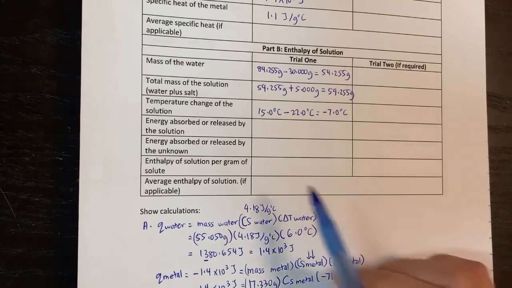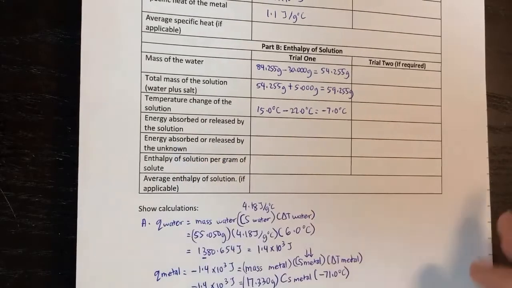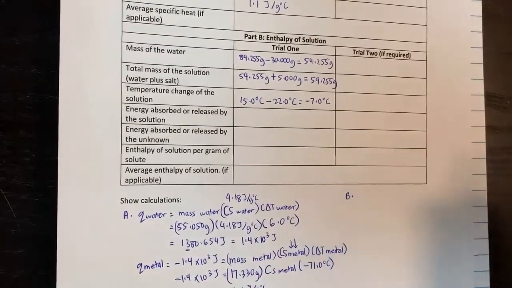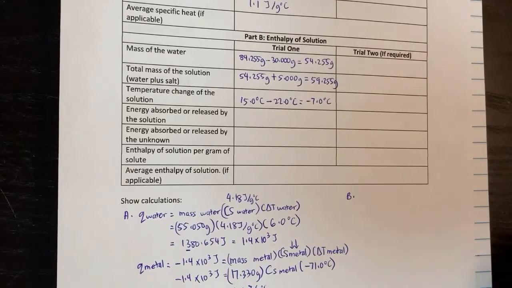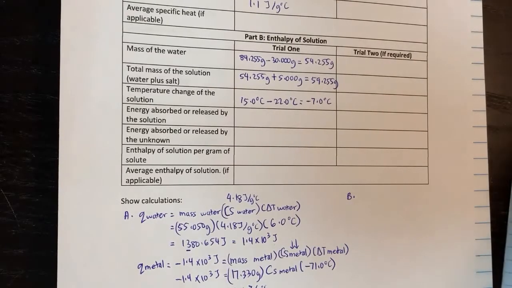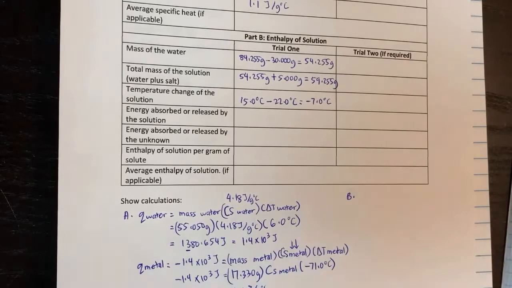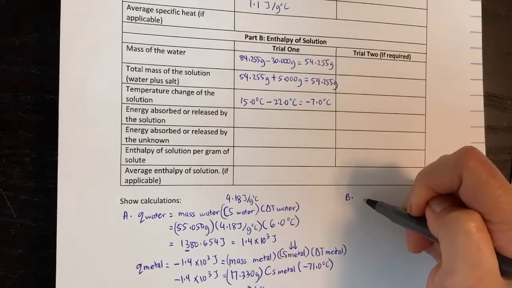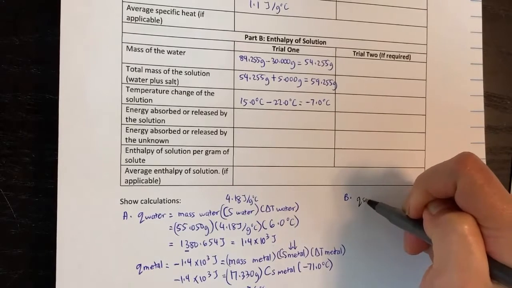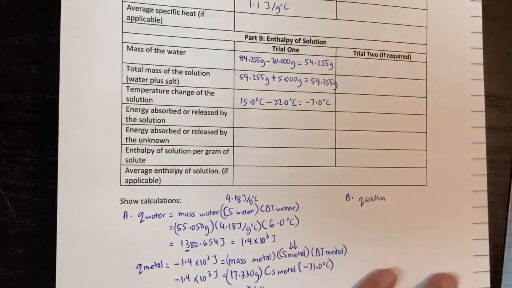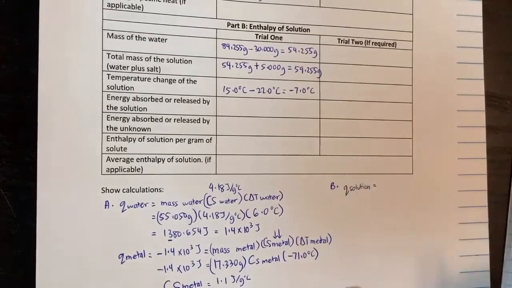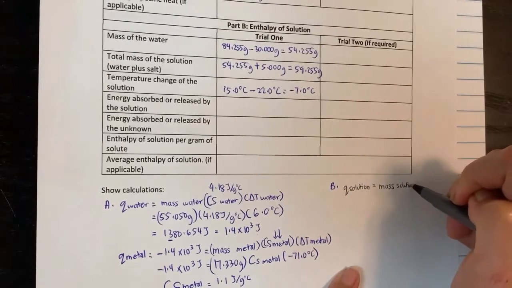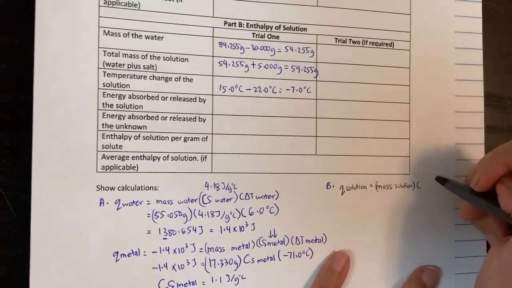So let's take a look at how we can calculate the energy for the solution. For part B, I'm going to write it down over here. Q of solution is going to be the mass of the solution, and then we have CS of the solution, which is given.